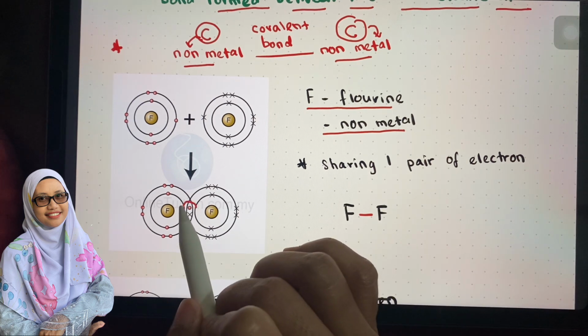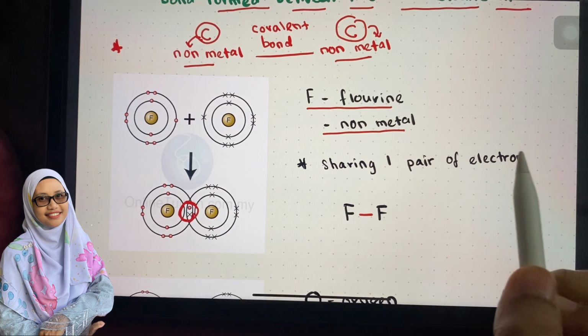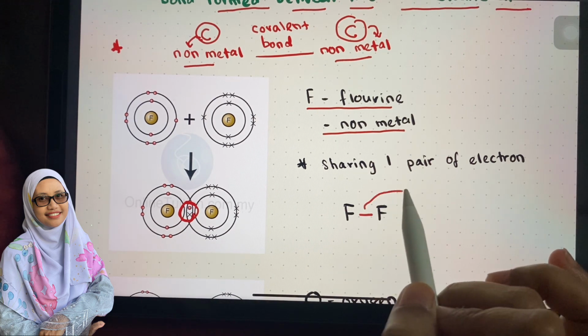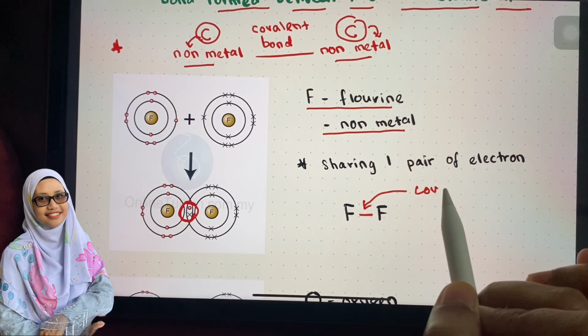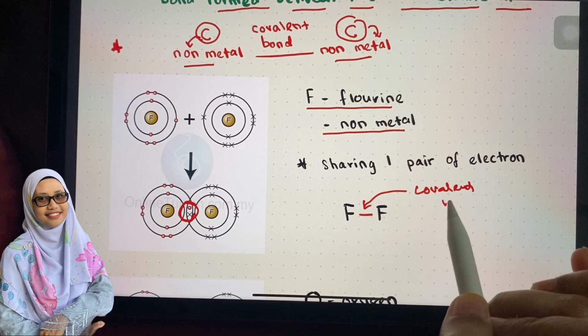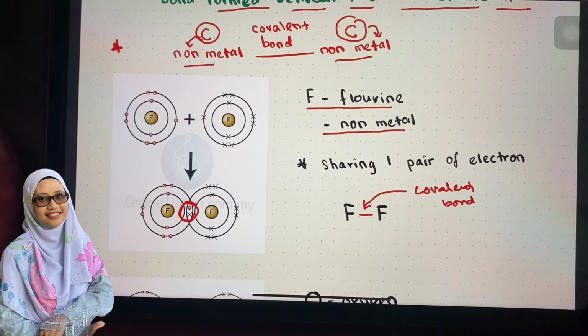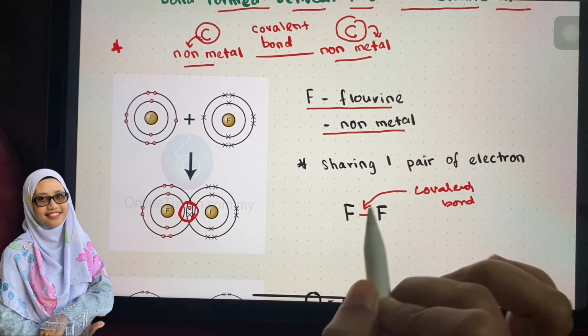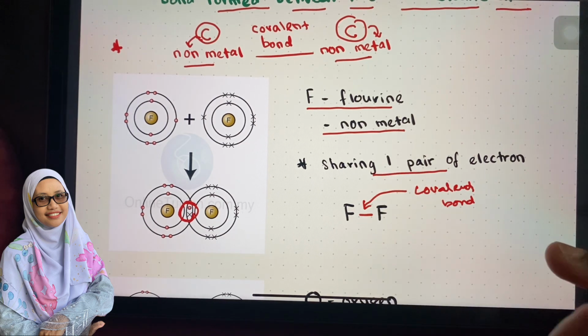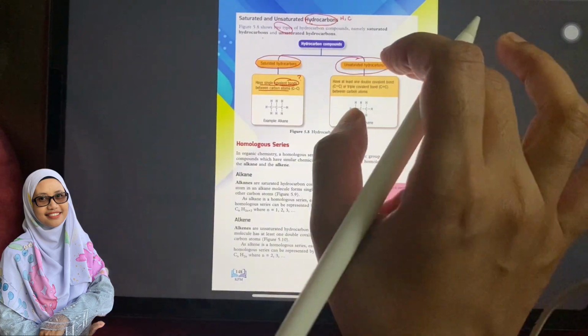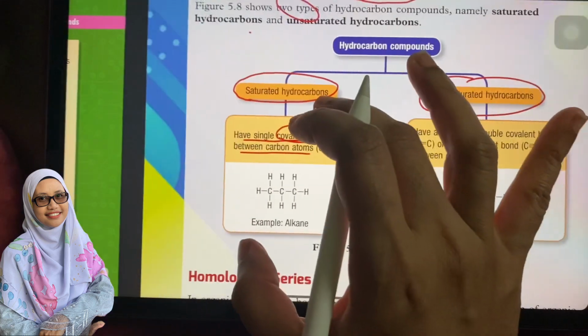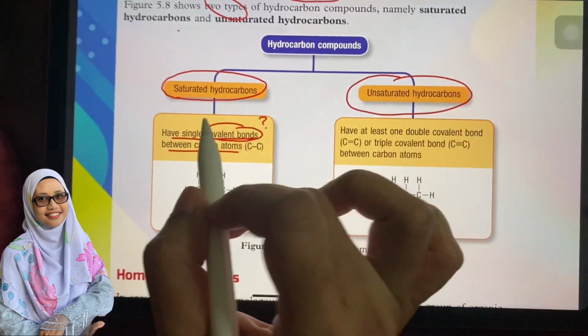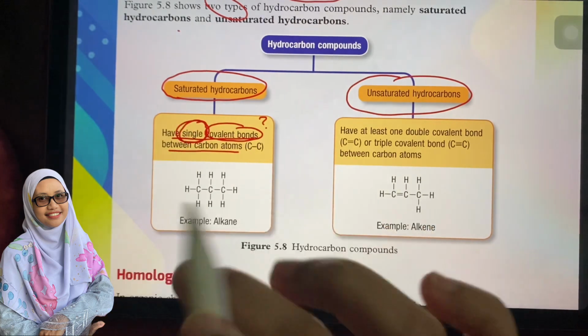So fluorine shares one pair of electrons, so the fluorine here has a covalent bond, with only one line because it shares one pair of electrons. So now we go back to here. Saturated means it has single covalent bond.